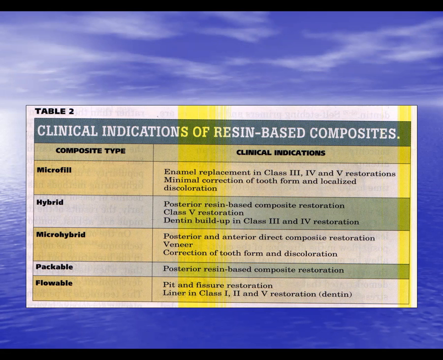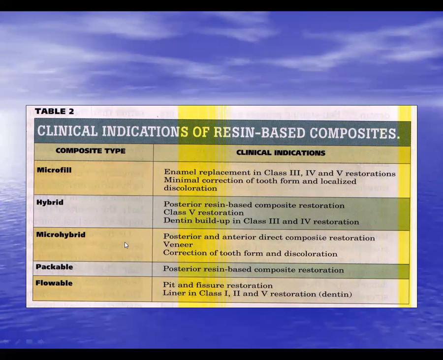In class 5 restoration, what happens? Maximum flexural stress is present in a class 5 restoration. Right? So, to overcome that, we need to fill this restoration with the hybrid composites. And dentin build-up in class 3 and class 4 restoration. This dentin build-up we will see when we see a case report at the end of this lecture.